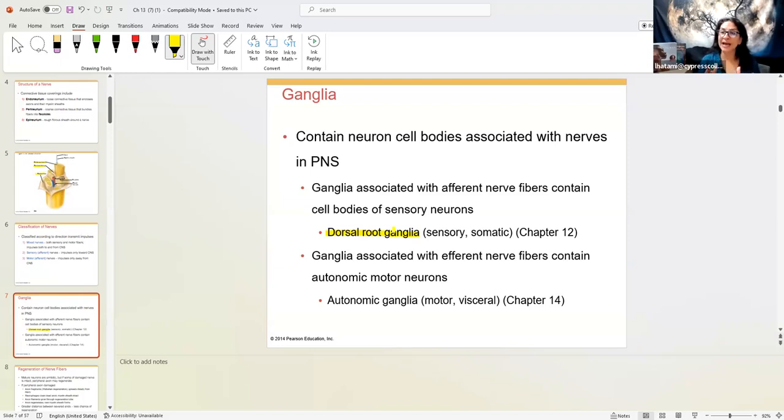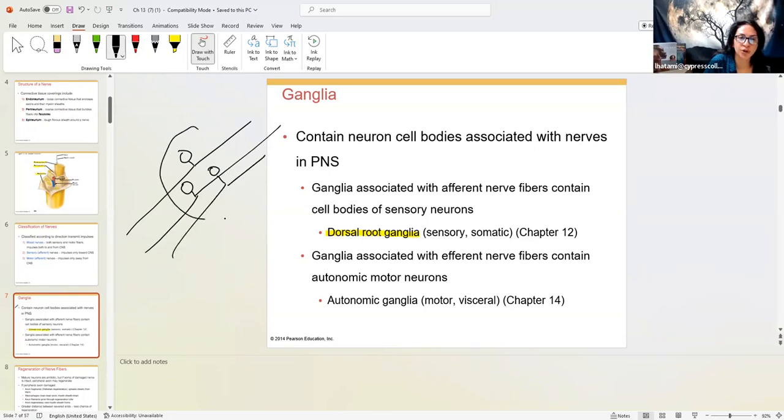It is a collection of cell bodies of sensory neurons, which are unipolar neurons, meaning only one single branch comes out of their cell body, and then they send their central process and peripheral process toward the CNS and the receptors. So this is a collection of cell bodies of neurons found in the dorsal root ganglion, or dorsal root ganglia.